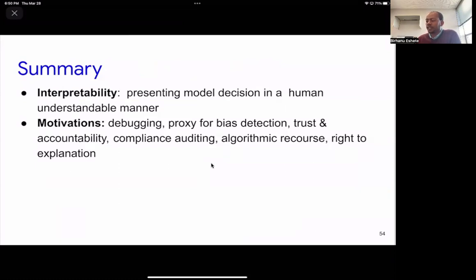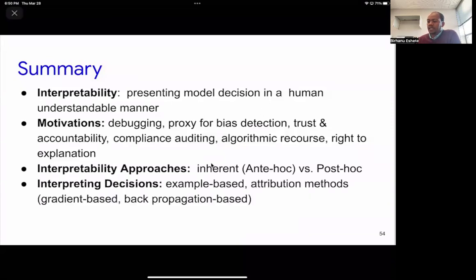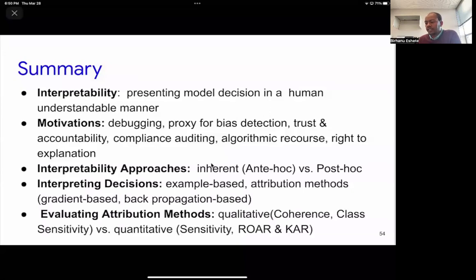All these are good and important motivations for having interpretability. We talked about interpretability approaches, broadly two classes, inherent and post-hoc interpretability. We talked about interpretation of decisions, example-based, and attribution-based methods like gradient-based backpropagation. And lastly, we talked about evaluation metrics that we use for evaluating attribution methods, both in qualitative and quantitative ways.